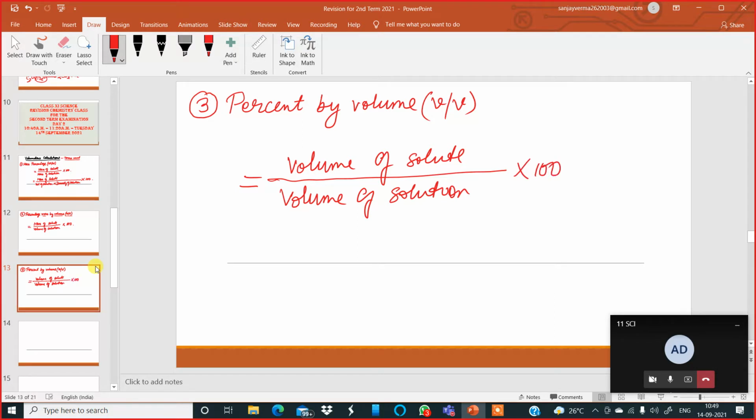So this is the third concentration term used in volumetric analysis.